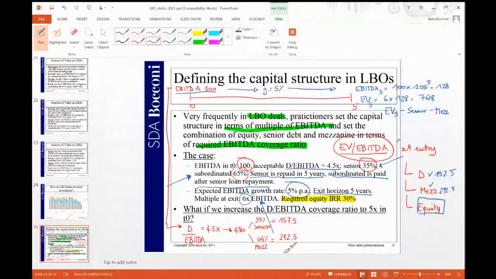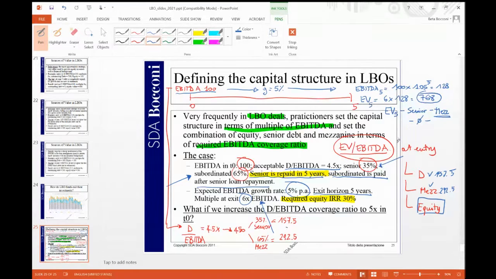Are you following me? Pretty easy. We know 768. We know that the senior, this is what our business plan is saying, is repaid in 5 years. So senior is 0, and subordinated is paid after senior has been repaid. So if the senior is completely repaid in T5, this means that the mezzanine debt is still existing.